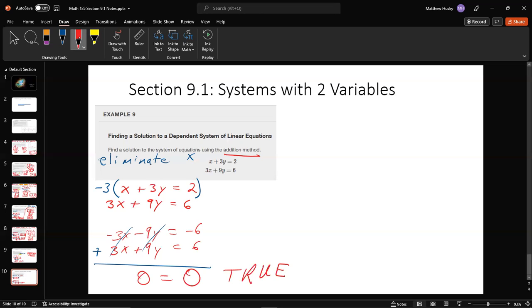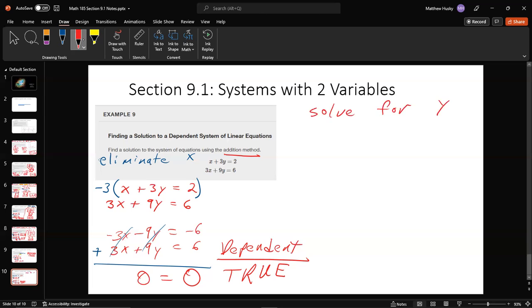Who knew? Now, what this means is that this is how you tell without drawing it that this is a dependent system. And again, I cannot spell to save my life. Dependent. This is a dependent system. Now, how would you write the answer to a dependent system? Well, you could solve for y.